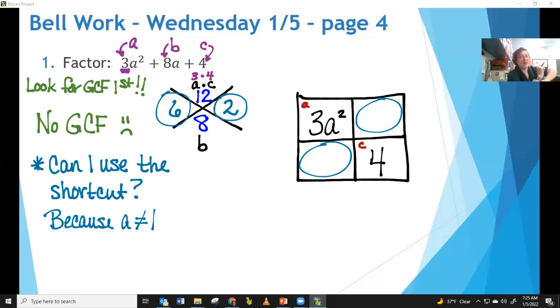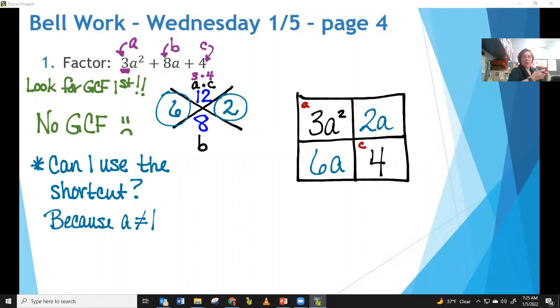I've got the 4 from my original problem. I need that 8a. And when I put 6a and 2a together, when we put things together in math, that always means to add. When I put those together, I get the 8a. So this area model, this box, represents exactly what I had in my original problem.